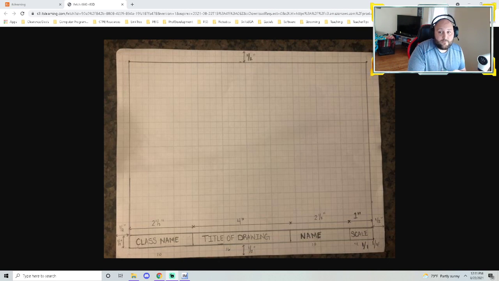First thing we're going to do is, if you take a look at this, you will notice that there is this large outer rectangle. If you check the dimensions, it's 1/2 an inch on all sides. So we're going to start by doing that.